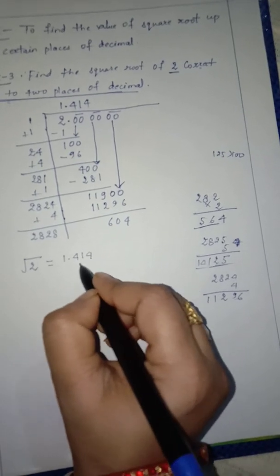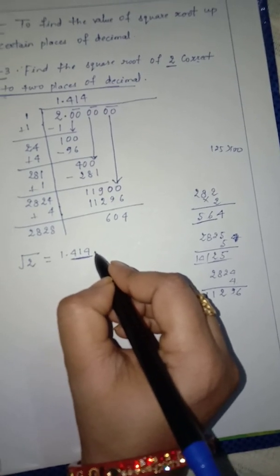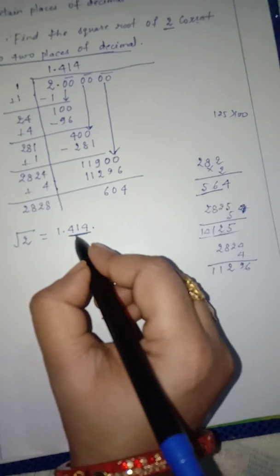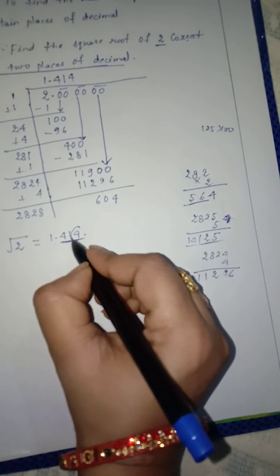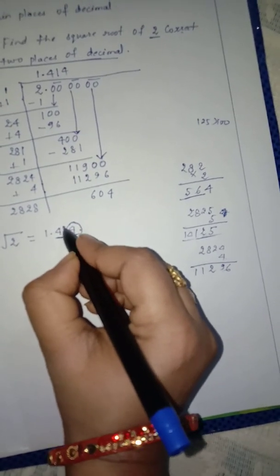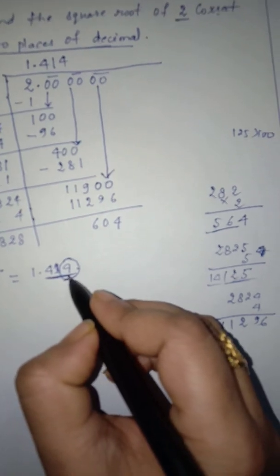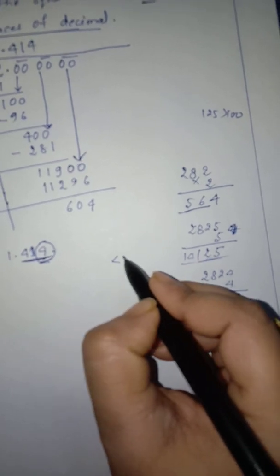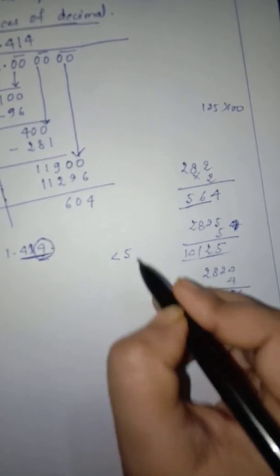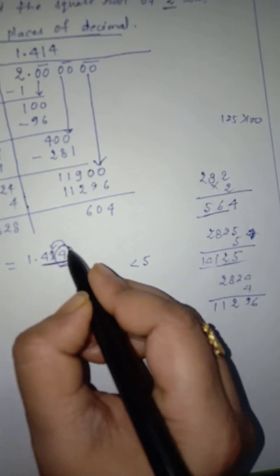Now the square root of 2 equals 1.414. This is up to 3 places of decimal, but we have to correct our answer up to 2 places of decimal. Now we will see its last digit. This is 4. If the digit at the last place is less than 5, then there will be no change in the previous digit.